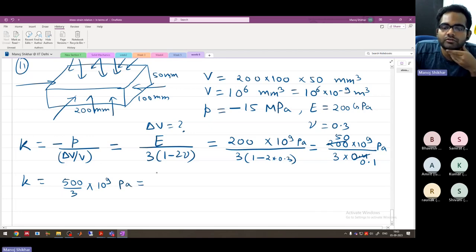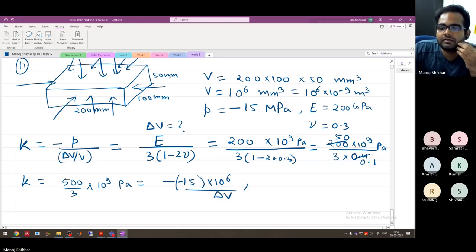Now we will put the values of pressure which we have, so pressure is minus 15 MPa. Now this delta V will be here, and the volume will go above.